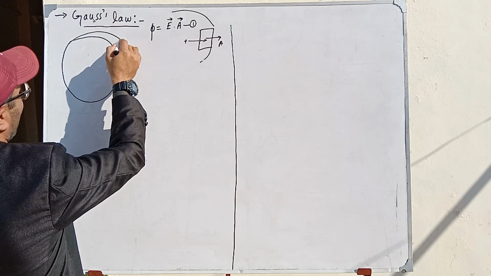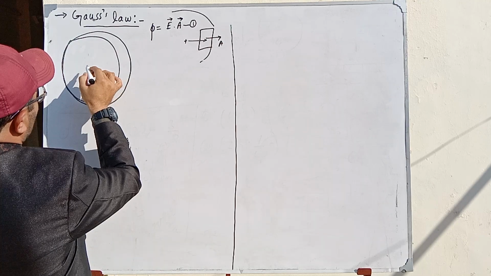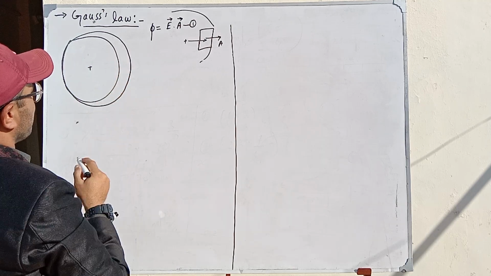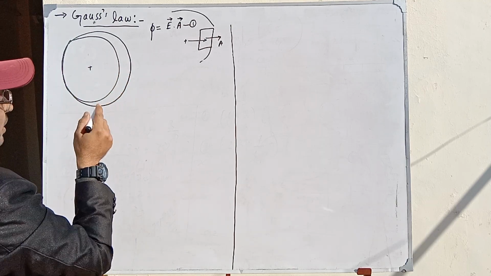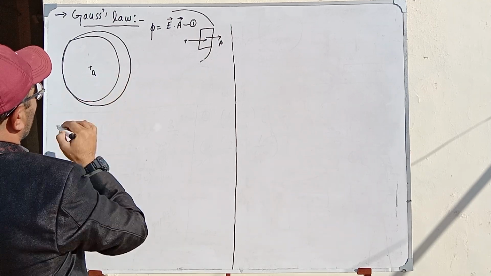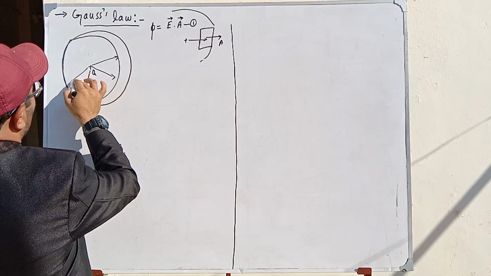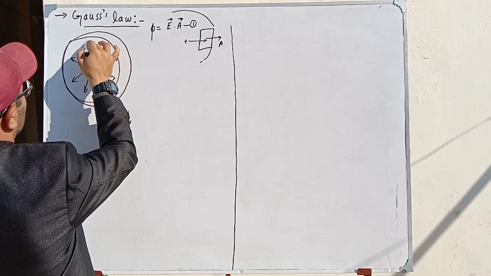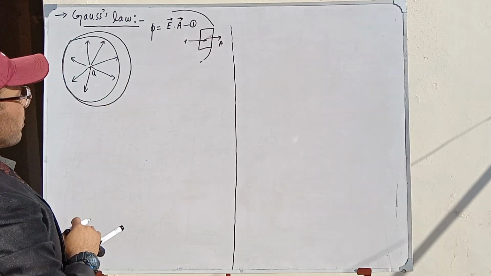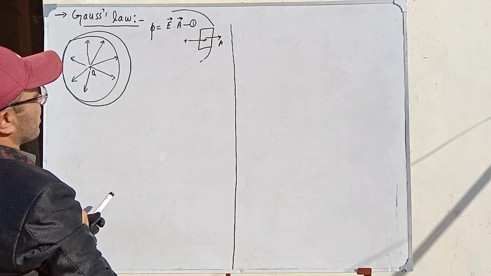Just like I take the shape of a sphere in a simple manner, and some charge Q. Earlier I placed a minus charge, but here I will take a positive charge, and many electric field lines are emerging from this positive charge. So the spherical body does not have a cross-sectional area, but it has a curved surface area.